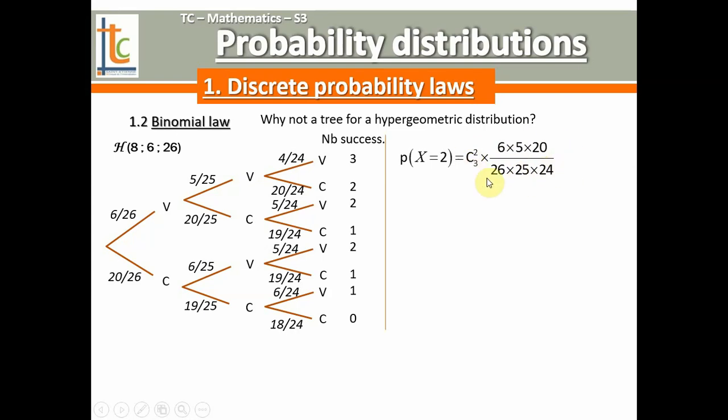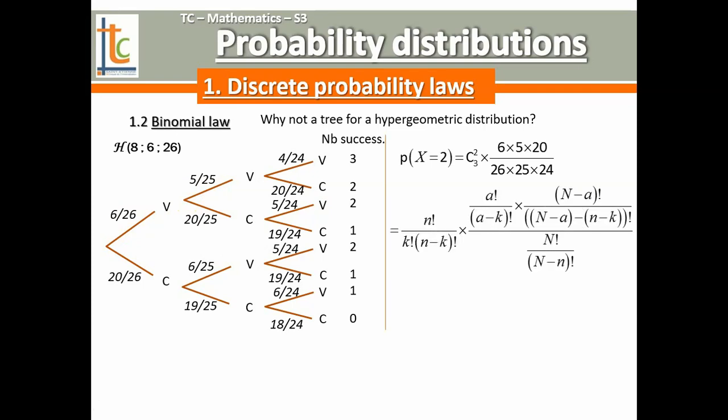And knowing that, you can try to create a general formula, whatever the number of levels in the tree, and whatever the probability of success at the beginning. Why not? But it's not simple.